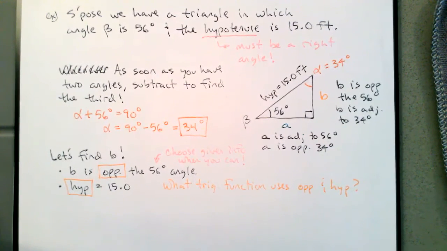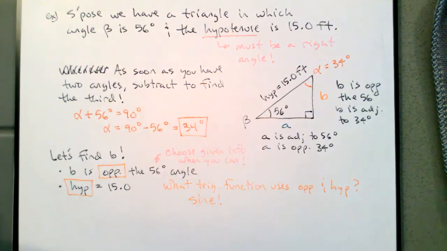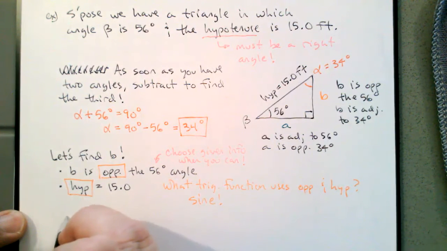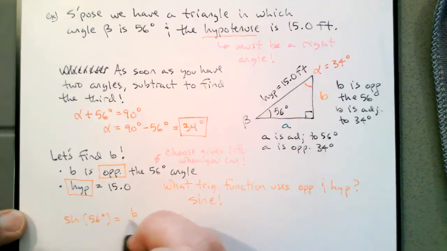So I'll say sine. So I'll set up an equation. I'll say the sine of 56 is equal to opposite, which is B that we're looking for, divided by the hypotenuse, 15. So sine of 56 is opposite over hypotenuse.